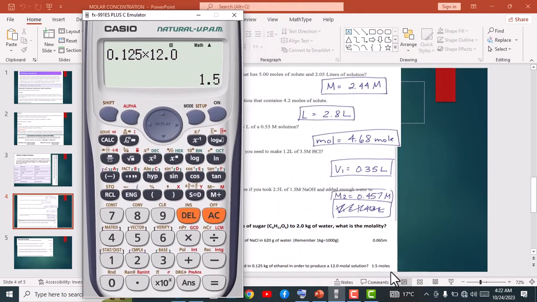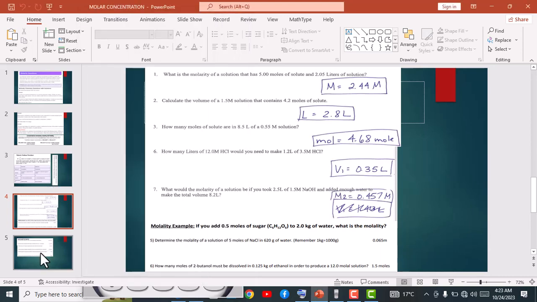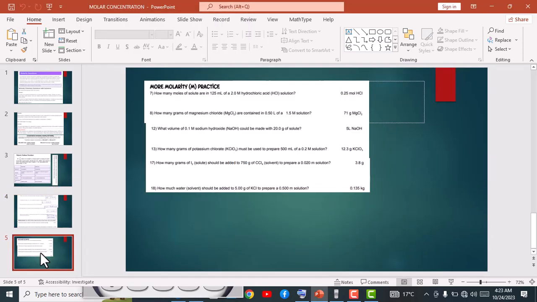So 1.5 is the number of moles. So we need 1.5 moles inside of this 0.125 kilograms in order to produce a molar concentration of that solution of 12. So these questions are not that difficult for one to solve.